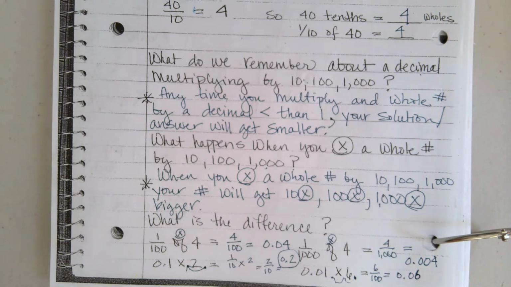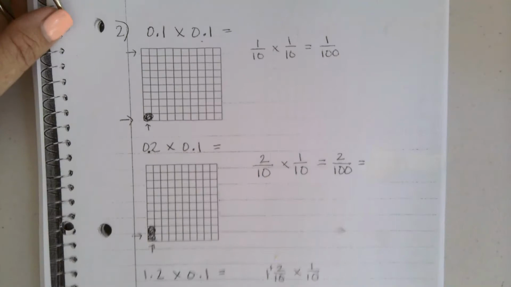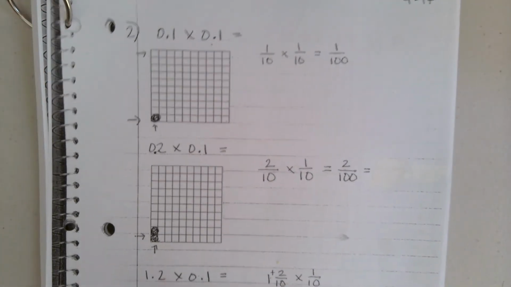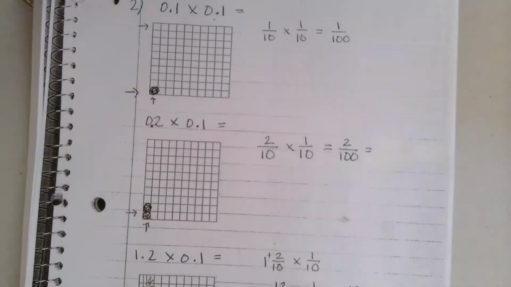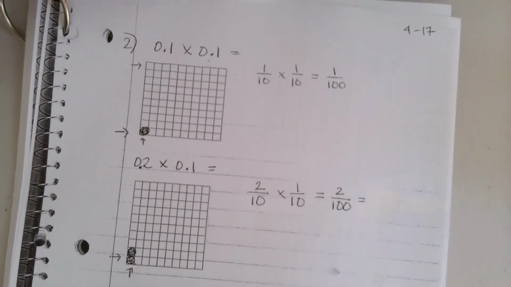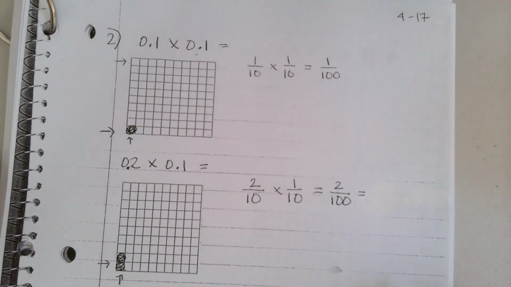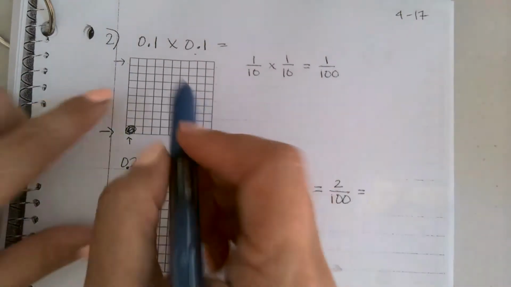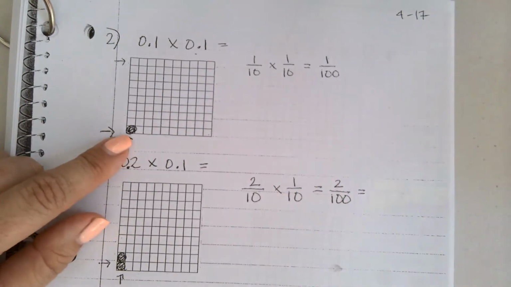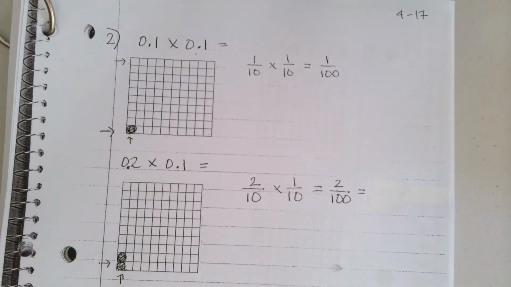All right, moving on to the next section. We're going to also look at using those 100 charts. Now, I don't think you have to use this 100s chart to show your understanding of this.